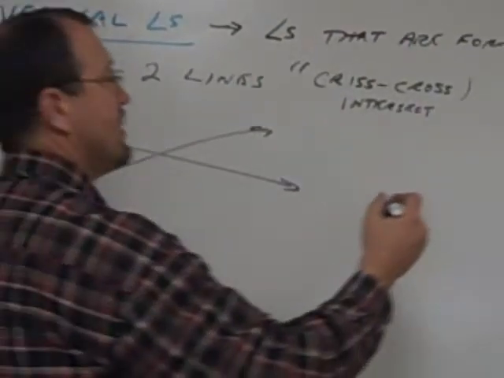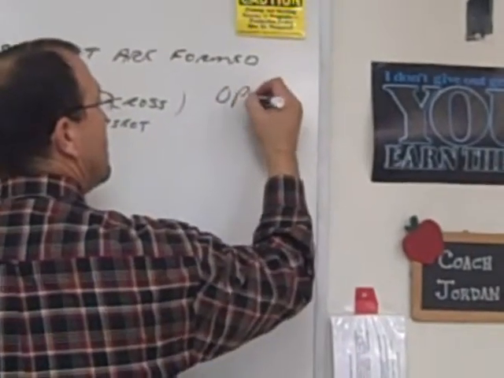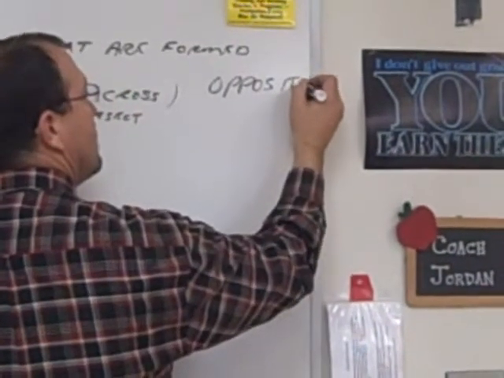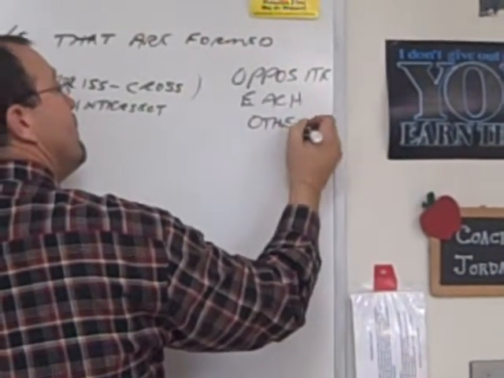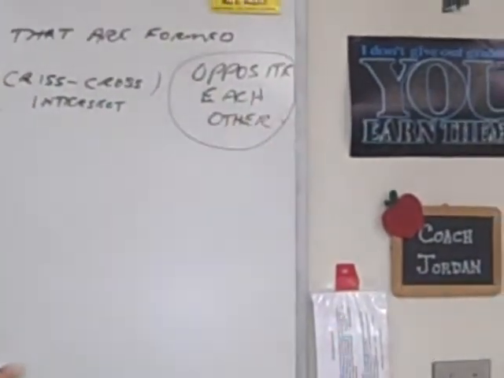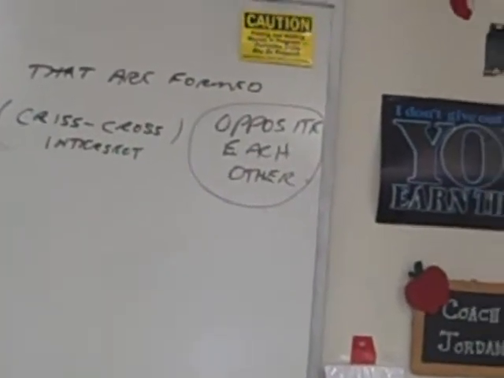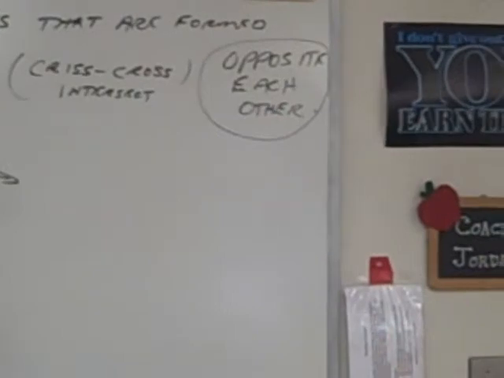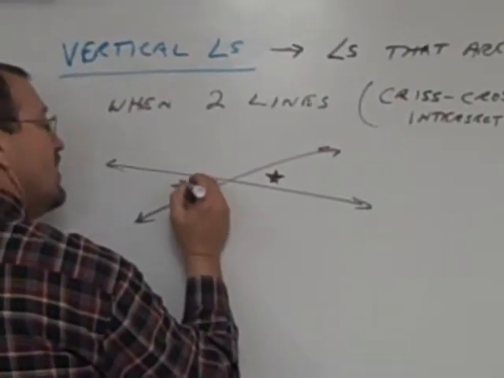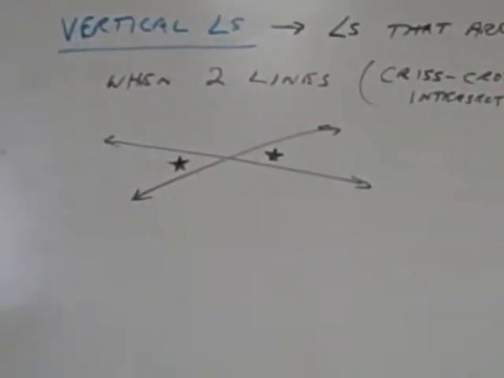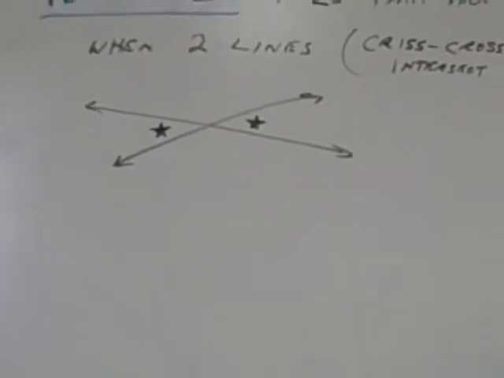I remember it as the angles that are opposite each other are vertical. So I put a star here, and the star over here shows me, I'm just picking a star. Don't think the stars are special or anything. I'm just showing you who's vertical.